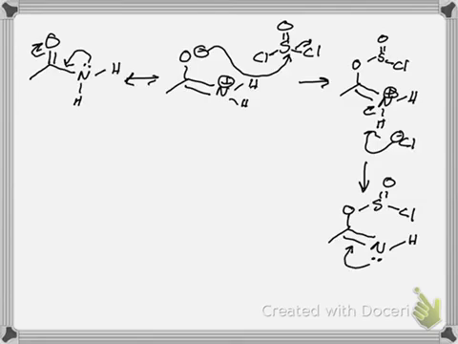Form a triple bond between the nitrogen and the carbon using the nitrogen's pair of electrons, which is going to knock off the oxygen-sulfur bond. Sorry, I didn't quite erase that right. There we go. I just wanted to show that arrow a little bit better. Knock off the oxygen-sulfur bond and then kick off the chlorine, which puts you here.